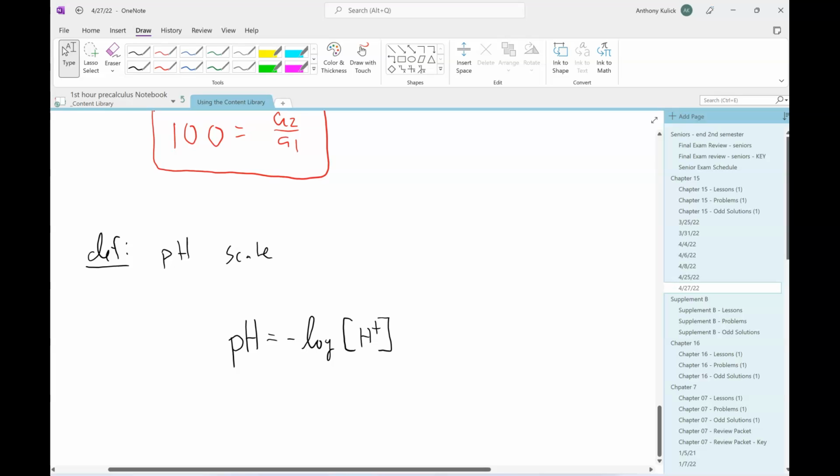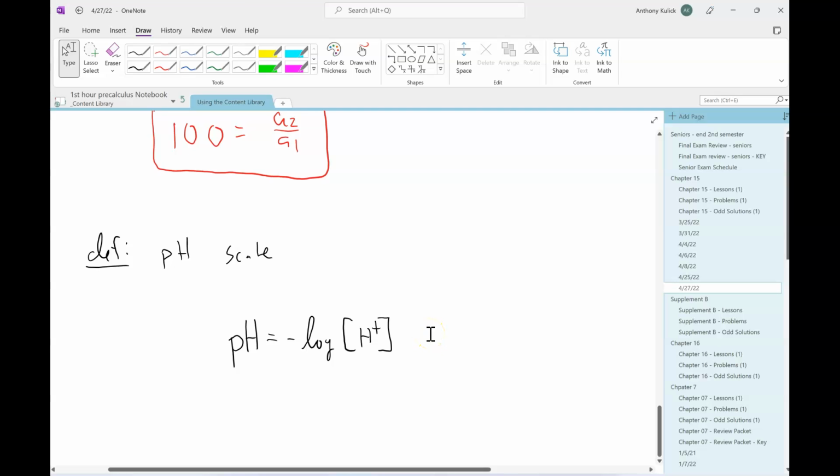So pH is a numeric measurement. What's the scale? It's like 0 to 14, I think. 7 is neutral. 0 to 7 are acidic, and 7 to 14 is basic, I think. Is that right, chemists? Yeah, okay.